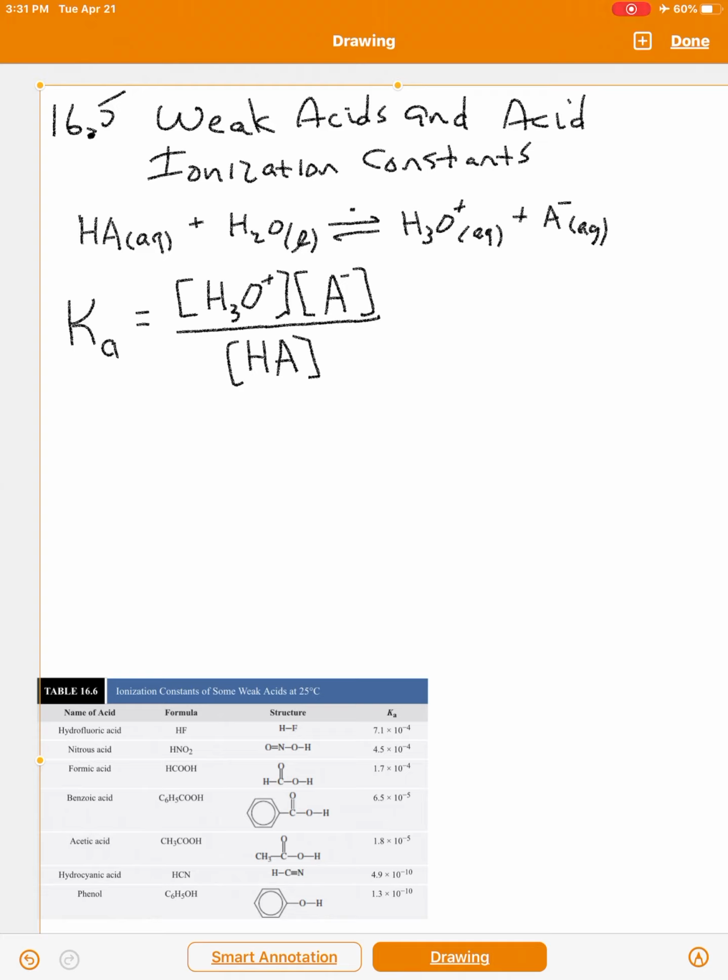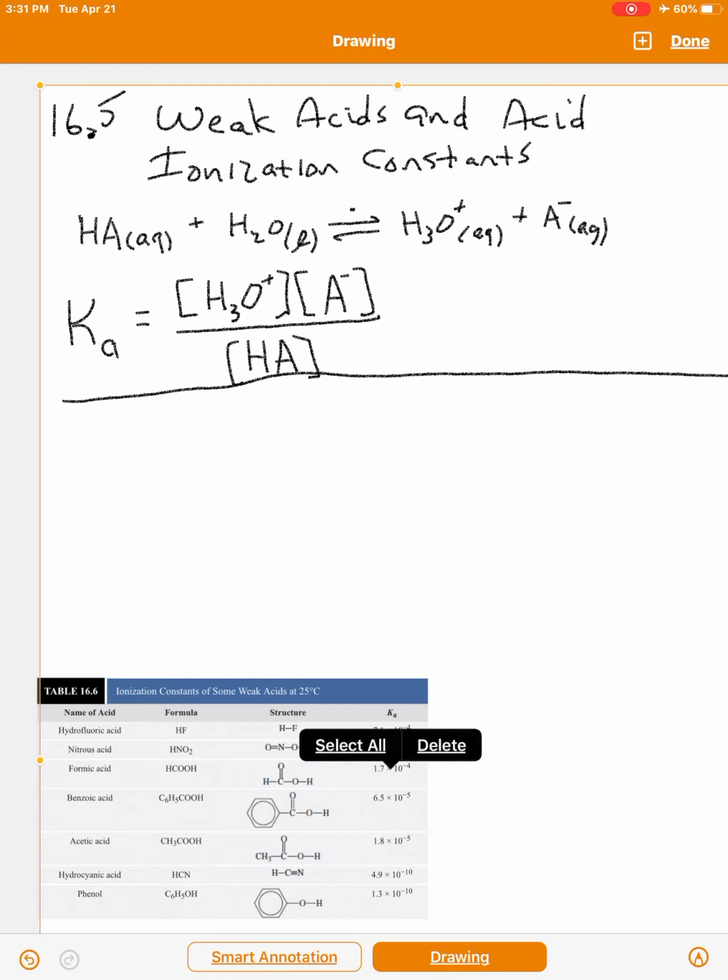Okay, so what I'm going to do is show you the first type of problem. The first type of problem is the case where we're going to calculate the pH of a weak acid. Okay, so we're going to figure out what the pH of a weak acid is. The weak acid that we're going to pick is hydrofluoric acid, and the initial concentration of the hydrofluoric acid is going to be 0.50 molar.